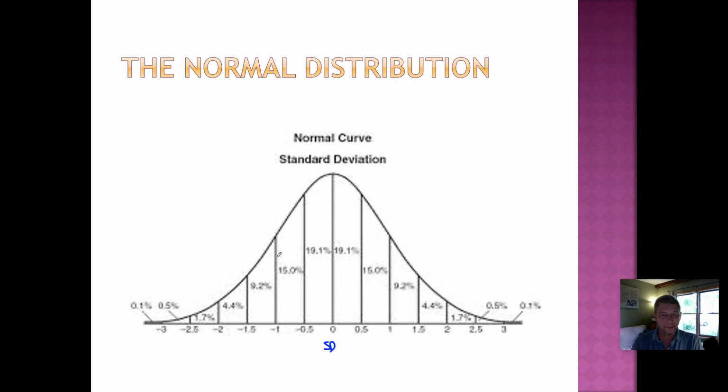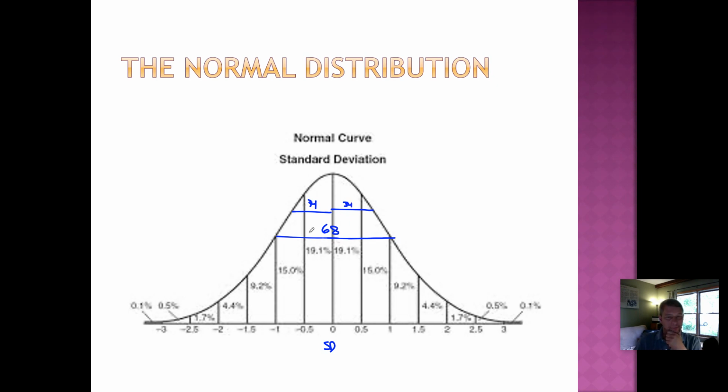So between here and here, this represents about 68% of the scores, which means that between here and here is 34%. Those fall within 1 standard deviation below the mean, and this is another 34% on the other side.